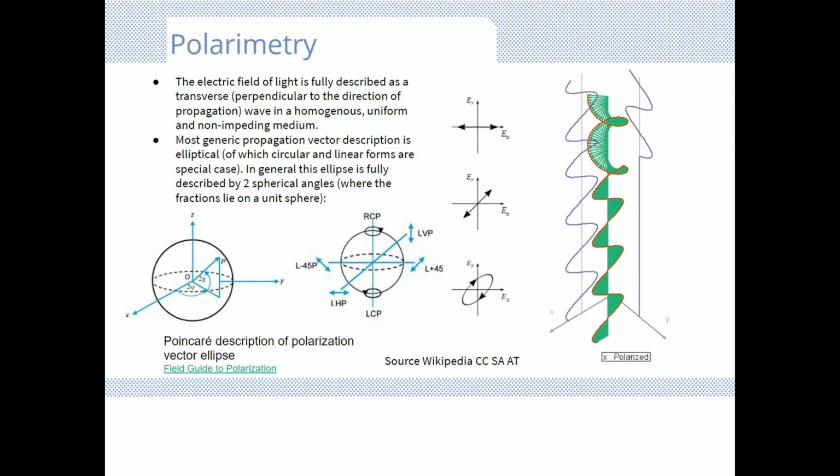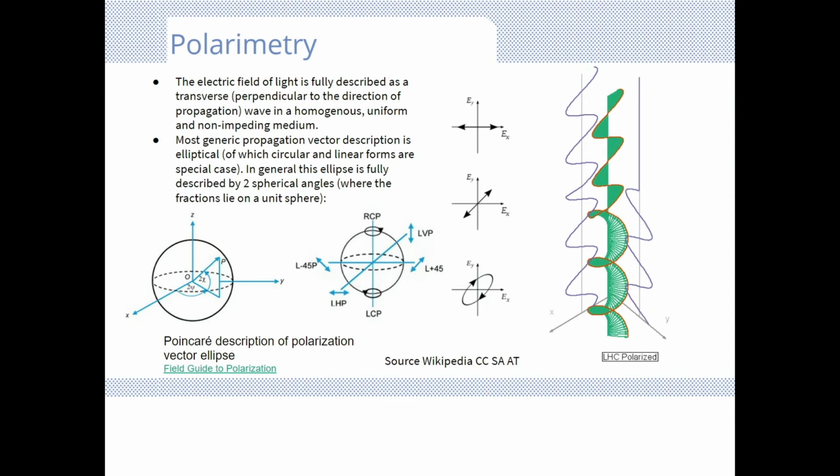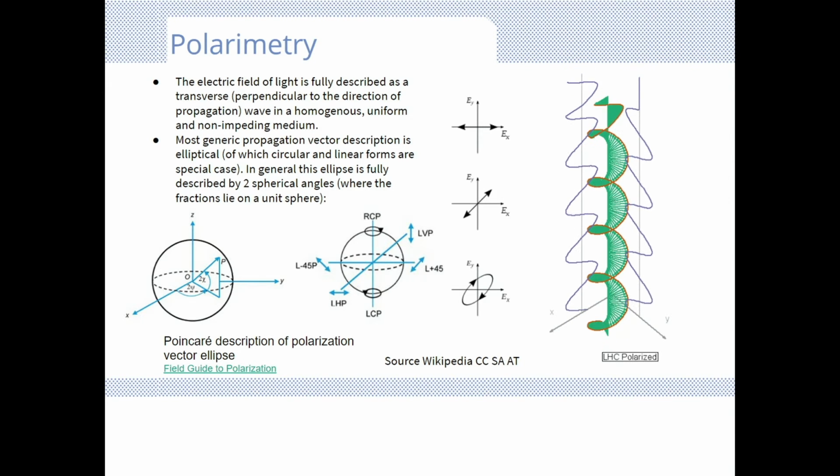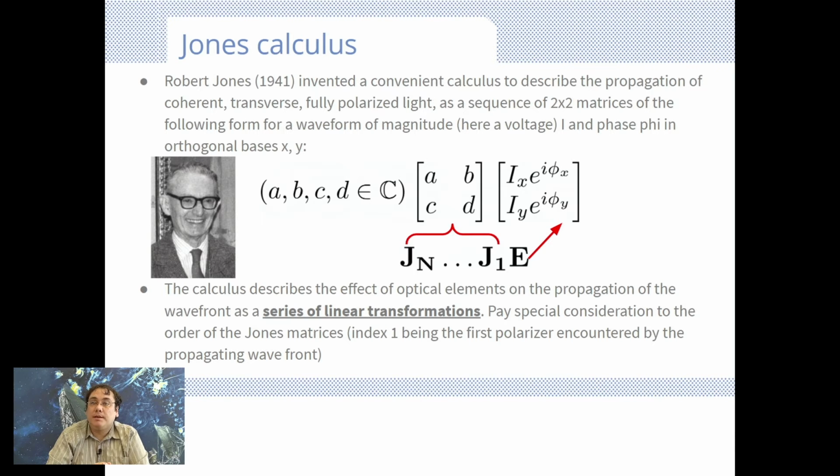If you take a snapshot look at a single plane in this three-dimensional space, right? So that is describing the signal that we're trying to measure. So this can be indicated as just intensity, I of x, I of y, in these two bases, whichever basis you select.